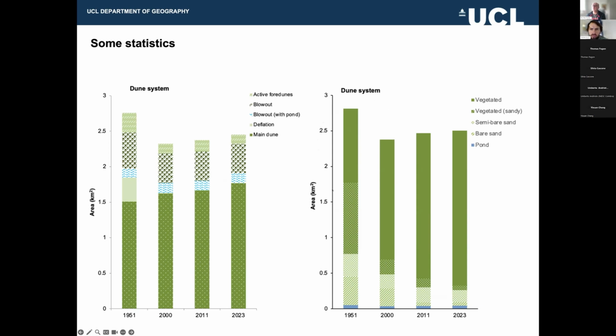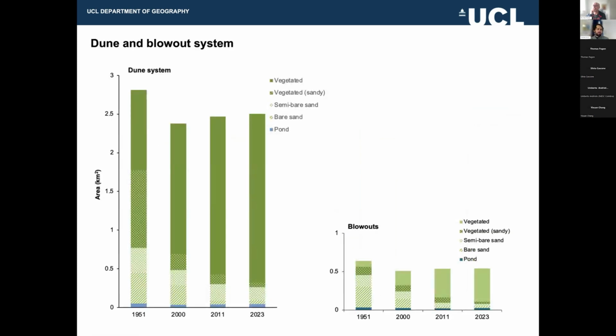On the right-hand side, the vegetated dune area doubled in the 70 years as the bare sand and semi-bare sand were transformed to vegetated surface. Then by comparing the entire dune system and specifically the mapped blowouts, the same trends are found: doubled vegetation cover and not much change in the wet surface, the pond area.